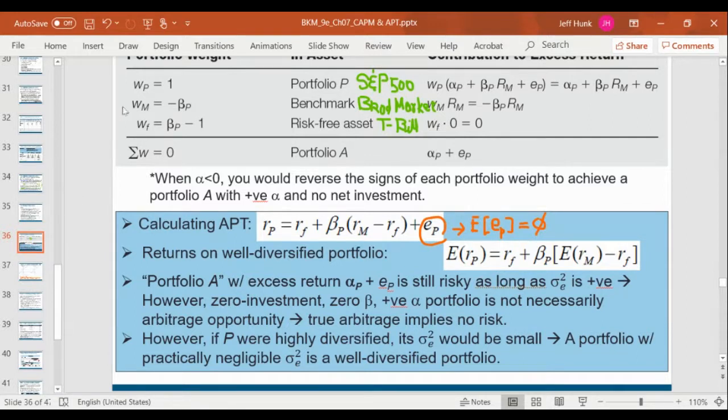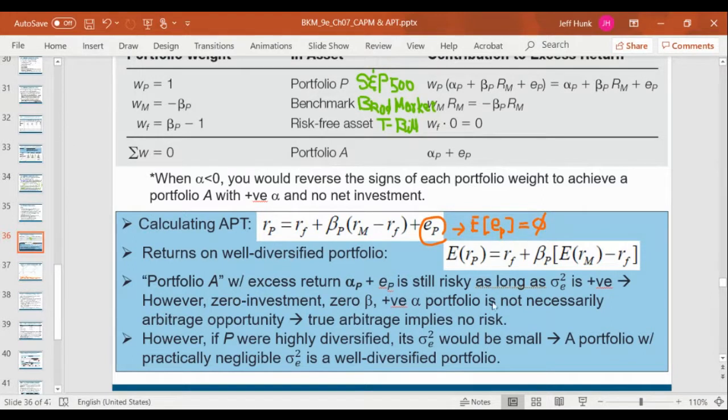So portfolio A, the arbitrage portfolio, has excess return, the alpha of the portfolio, plus the residual of the portfolio.